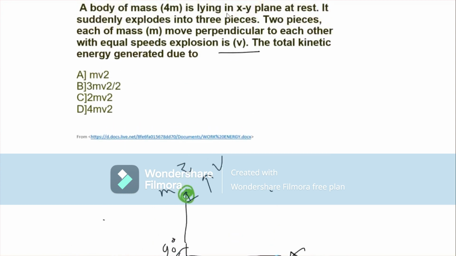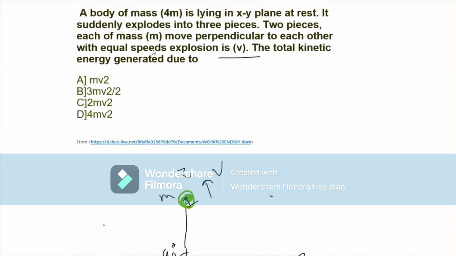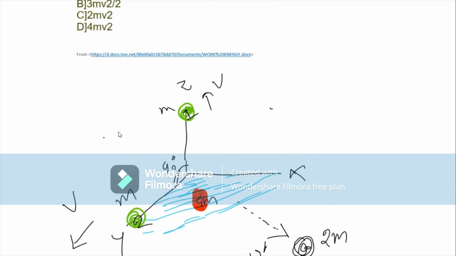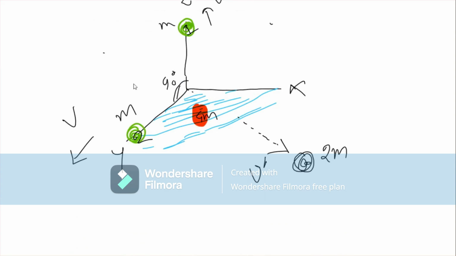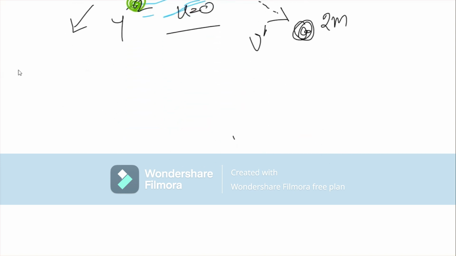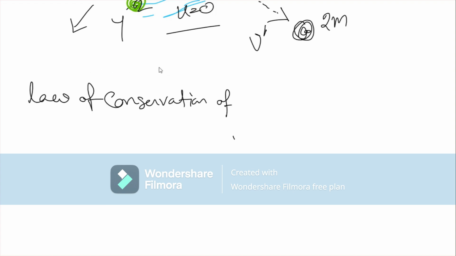Okay, so now उसमें पूछा गया है the total kinetic energy generated. Okay, so initially what was the momentum? The momentum of this object 4m was 0 because initially it was at rest, u is 0. So if we take the help of law of conservation of momentum, initial momentum will be equal to the final momentum.